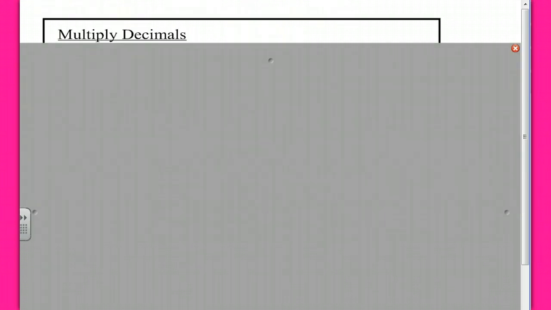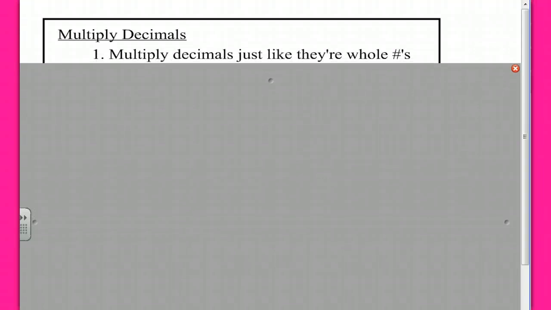Okay? We're going to put the steps for multiplying decimals all in one place in a nice box, so you could teach somebody else this method. The first thing we did was multiply the decimals just like they were whole numbers. And then, Ryan, what did you ask us or tell us to do? To count the decimals in the factors.